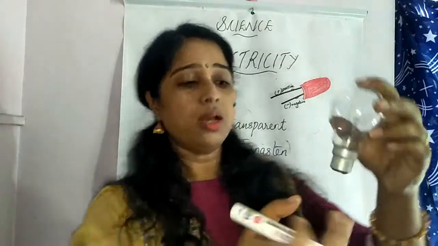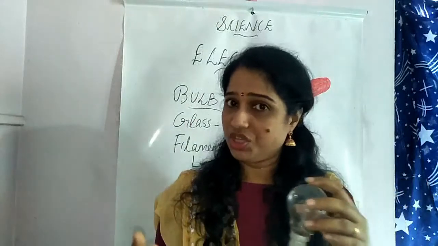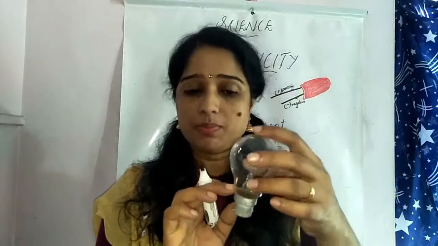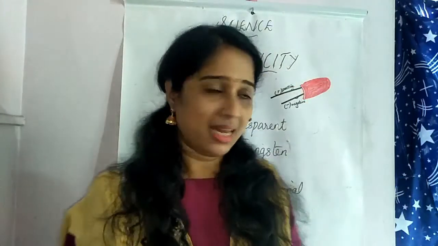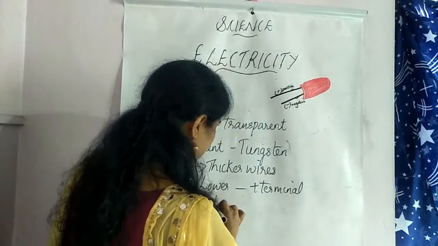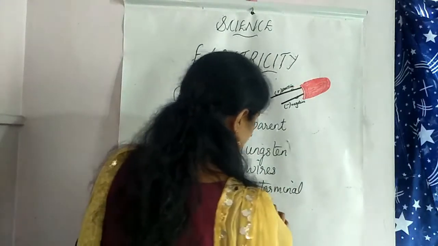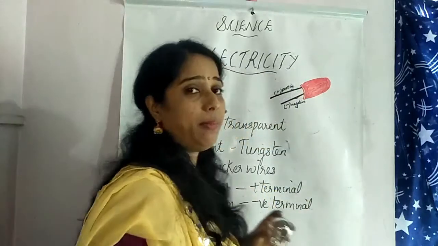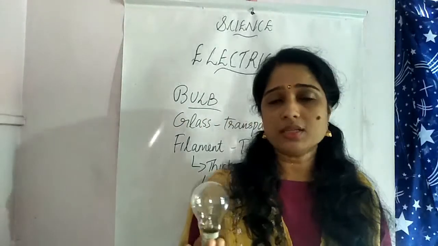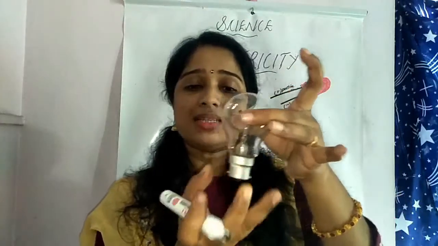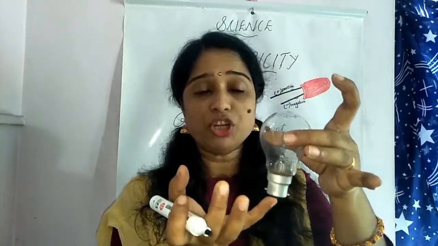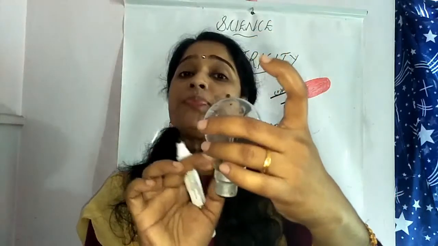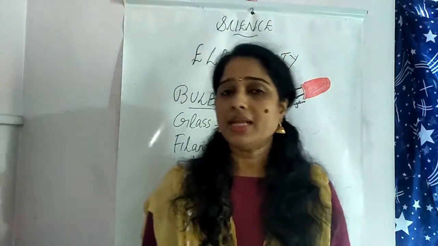The second wire is attached to the bottom of the bulb, and it is the negative terminal. Clear? So the filament is attached to the bulb by means of two thicker wires: one wire is attached to the lower part of the bulb, and that is the positive terminal, and one wire is attached to the bottom of the bulb, and that is the negative terminal.